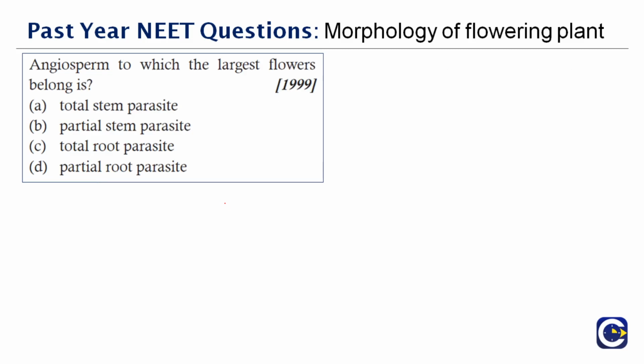Next question here. The angiosperm to which the largest flower belongs? What are angiosperms? You must know angiosperms and gymnosperms. Are angiosperms flowering or non-flowering plants? They are flowering plants. The flowering plants, also known as angiosperms, are the most diverse group of the land plants, with 64 orders, 416 families, approximately 13,000 known genera so far.